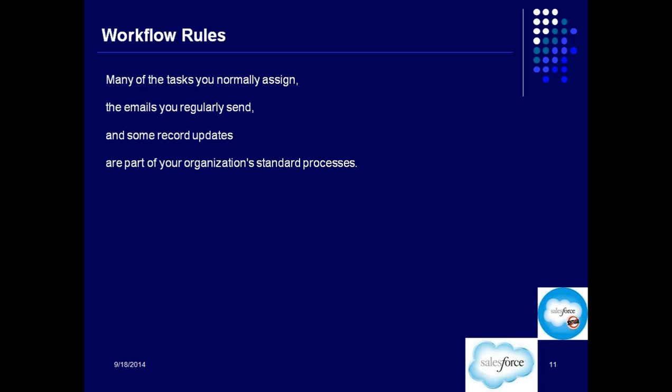So some emails being sent, or some of the tasks which are being assigned to the people, or some records which are being updated. So some of these tasks are regular things, and some of them have a very clearly defined logic. What we have to understand is, is there a clearly defined logic behind a task that you do?